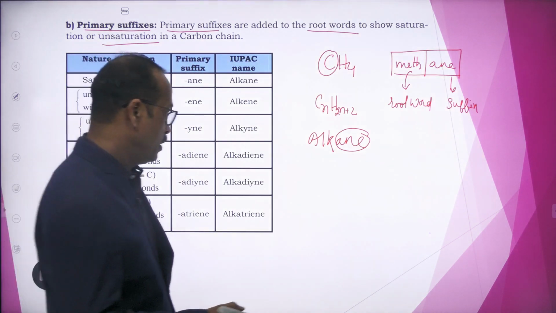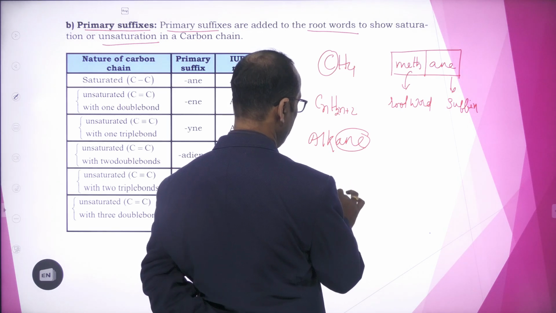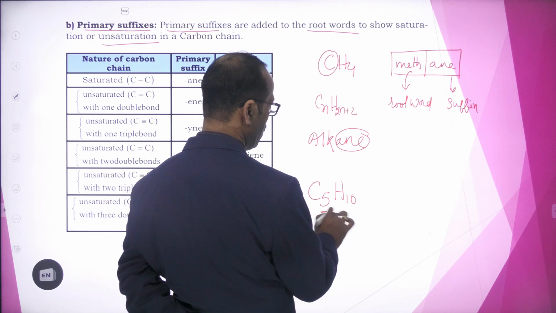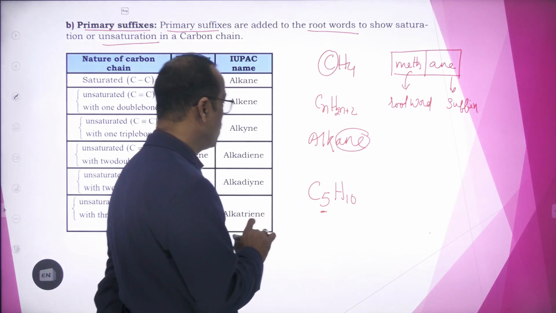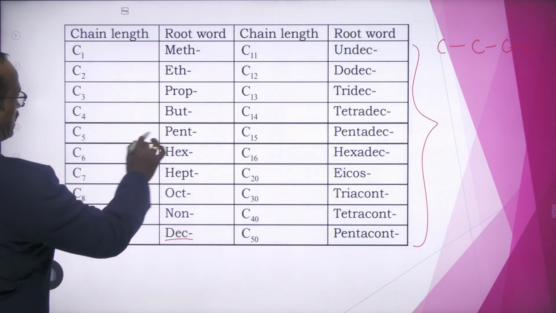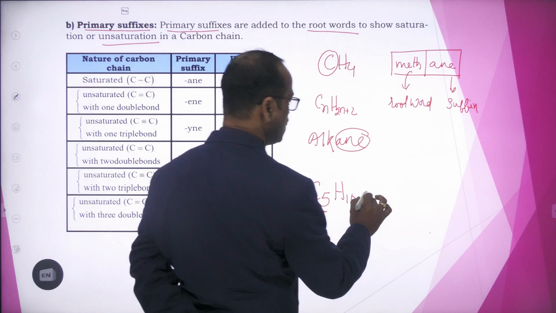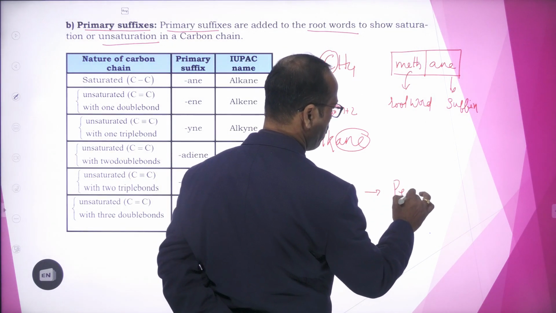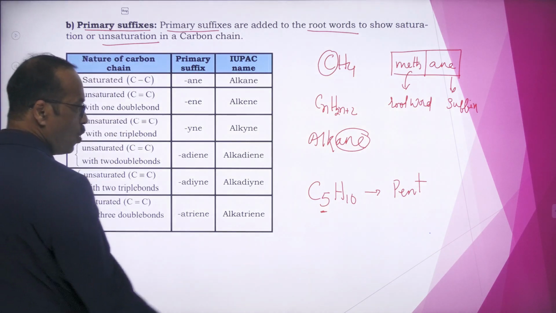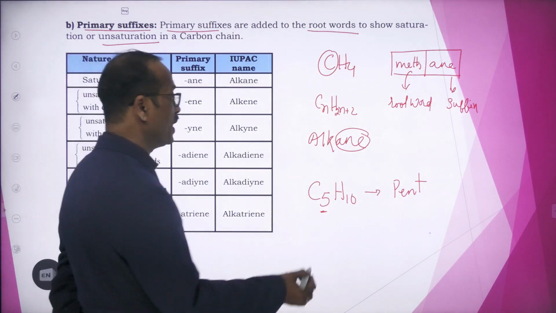For example, if I take the compound C5H10, how many carbons are there? 5 carbons. So what is the root word for 5 carbons? Pent. So the first part, the root word, is pent. Now I want the suffix. How can I check the suffix?